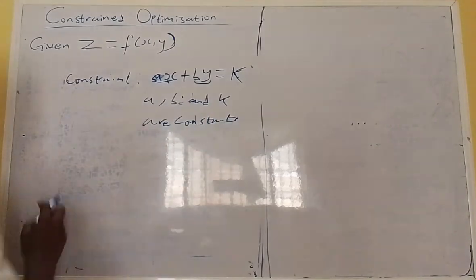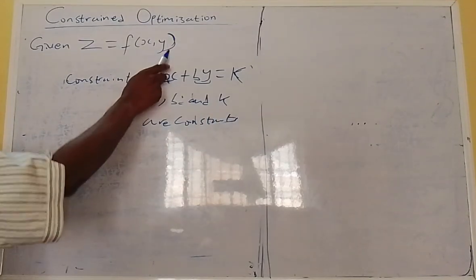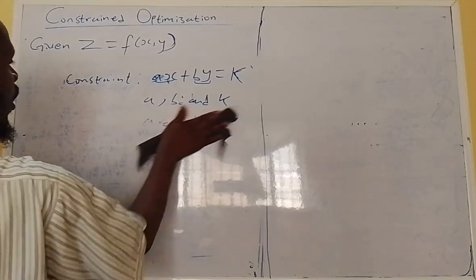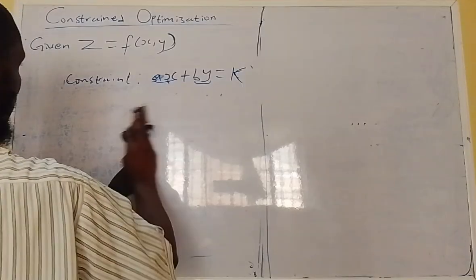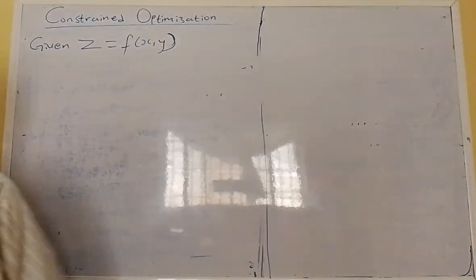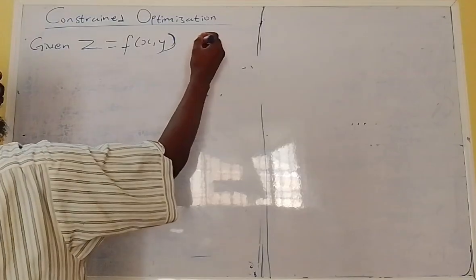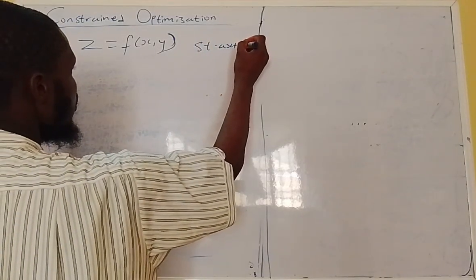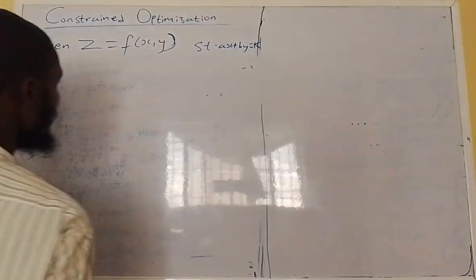And the variables we have to optimize are x and y in this function. So how are we going to do that? We have to optimize subject to this. So in other words, we want to optimize this function subject to the constraint ax plus by equals to k.